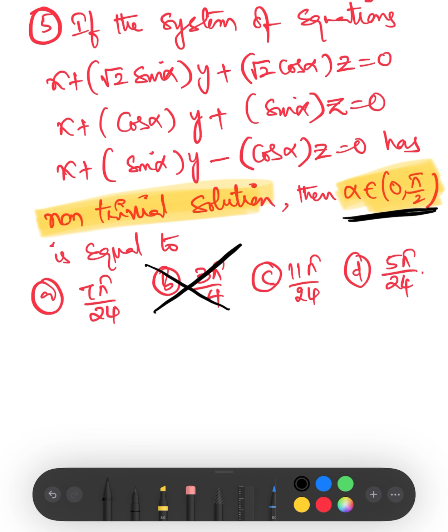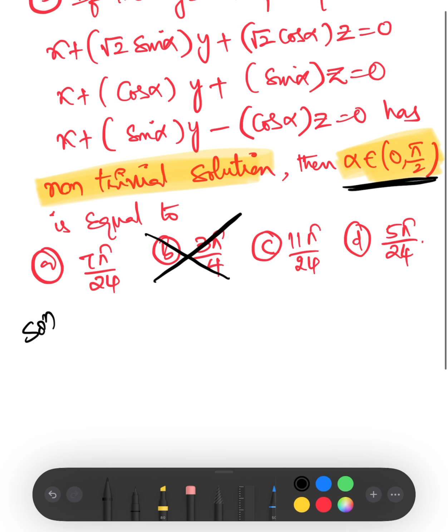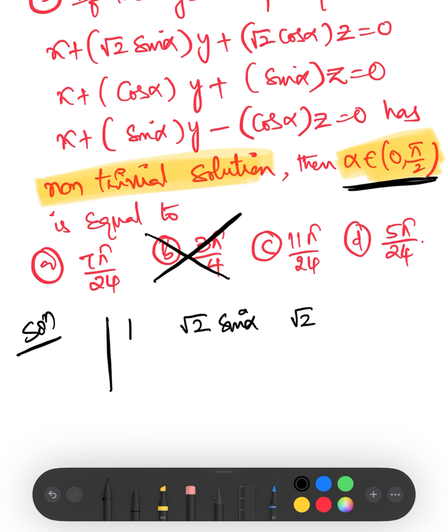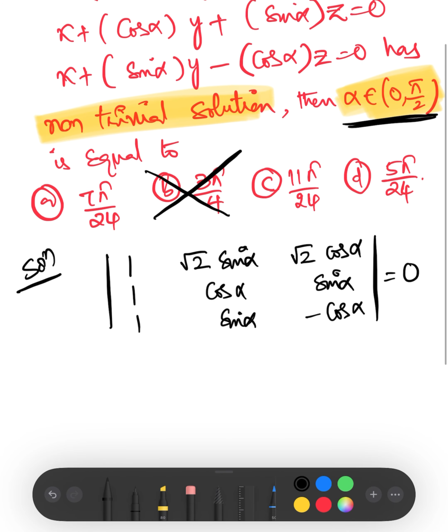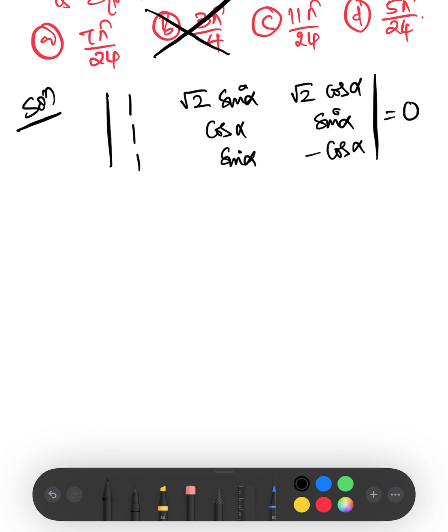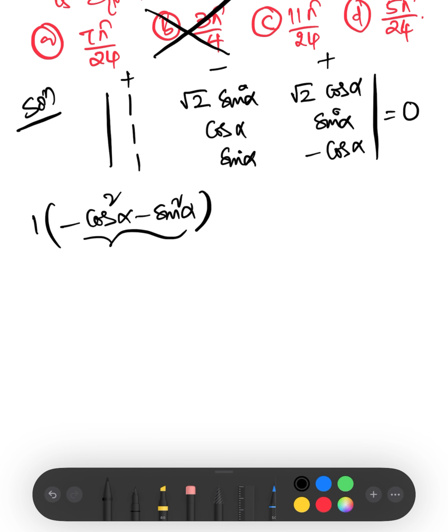Now coming to this simplification, det equal to 0, so that is the determinant with rows 1, root 2 sin alpha, root 2 cos alpha; 1, cos alpha, sin alpha; and 1, sin alpha, minus cos alpha, equal to 0. Now coming to the determinant, with signs plus minus plus, 1 into this one is minus cos square alpha minus sin square alpha.